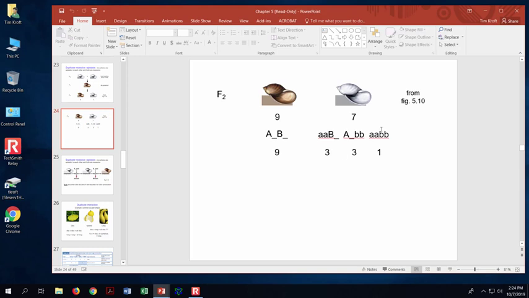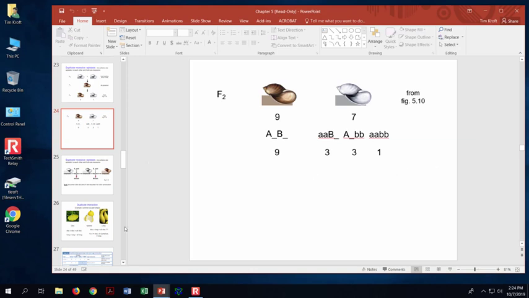So in this one here, little b is epistatic over big A. Little a can make whatever happens with B unimportant because it's masking it, and little b makes what happens with the A gene unimportant because it's masking it. In order to see any color, you have to have at least one big A and one big B allele. So 9 to 7, because the 3, 3, and the 1 are together.